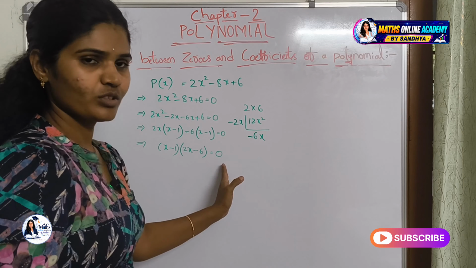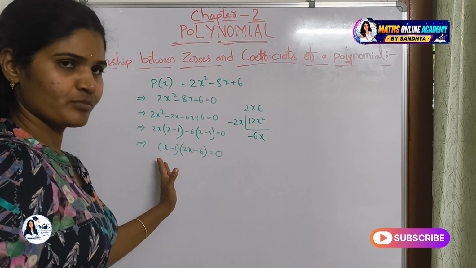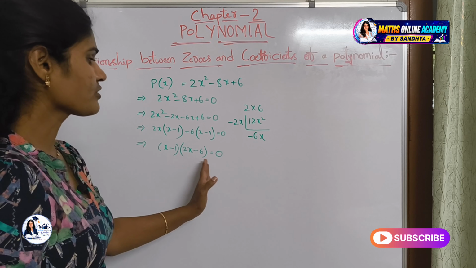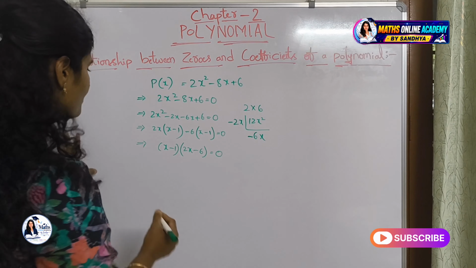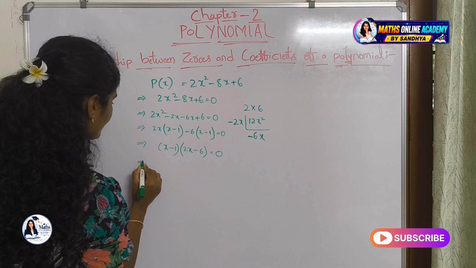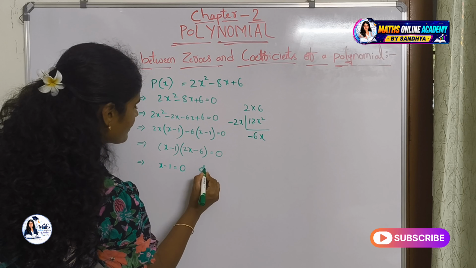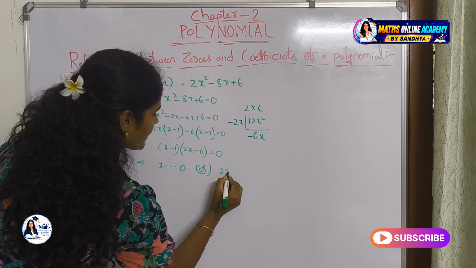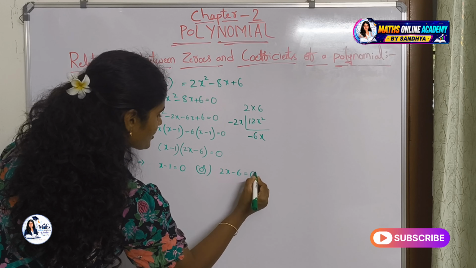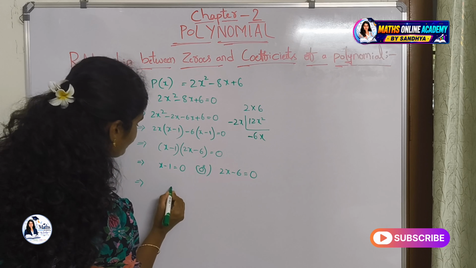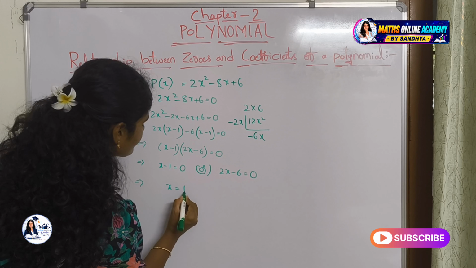Two factors are equal to 0 means either x minus 1 equal to 0, or 2x minus 6 equal to 0. So here the answer is x equals 1.